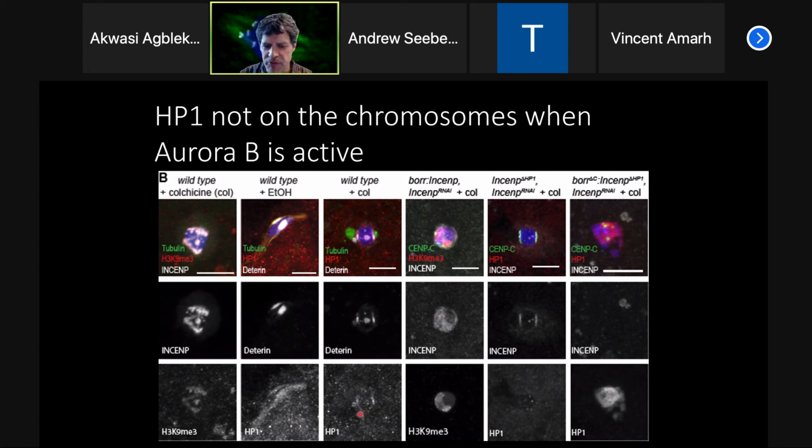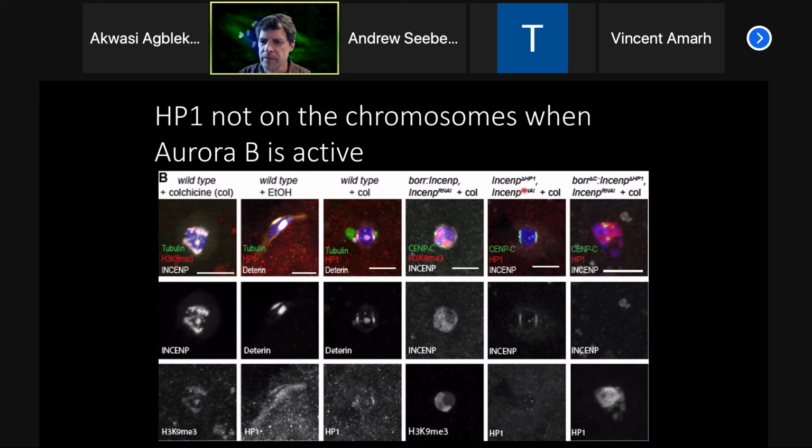But notice how faint HP1 is. And let's just focus on these last two. So in this panel, we're using an INCENP mutant, which can still bind to microtubules. Okay? And the one on the right is the delta C mutant that cannot bind, that Borealin is defective in binding HP1. Okay?